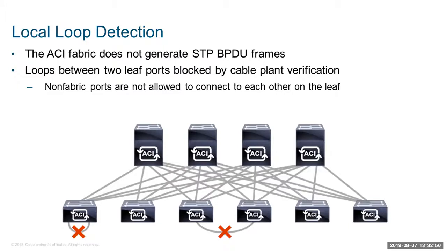If a leaf node is connected to its own port, like in the first leaf, shut it down. It has this cable plant verification automatically turned on. You cannot turn it off. Okay. It will automatically turn off those ports.